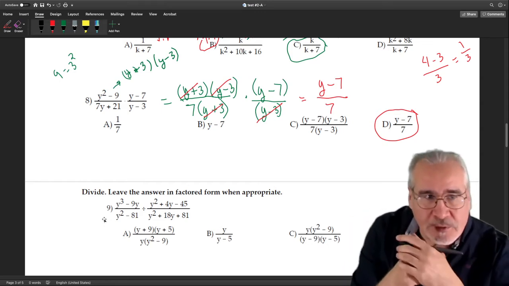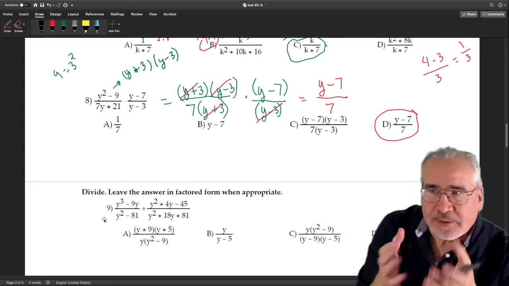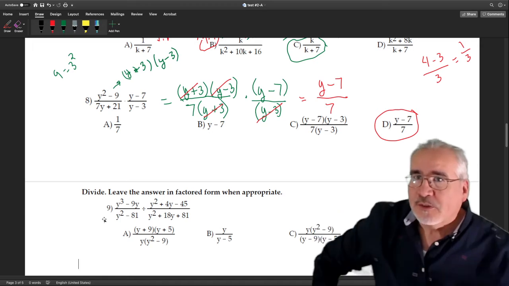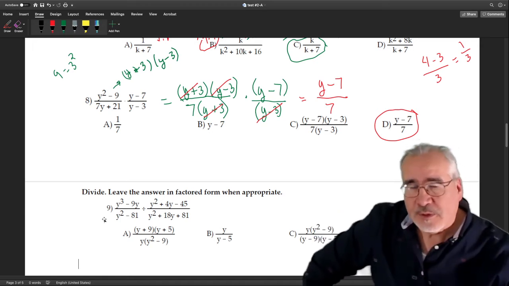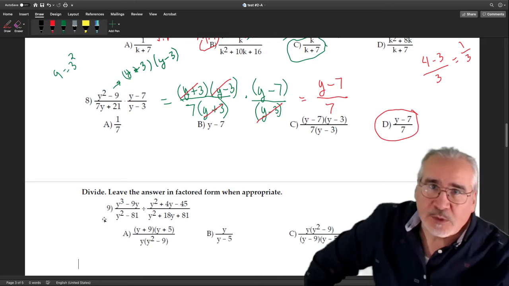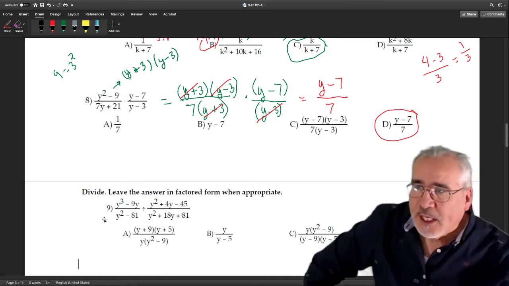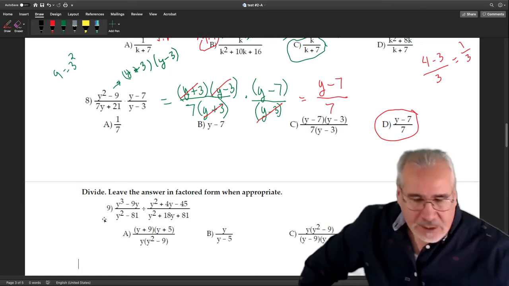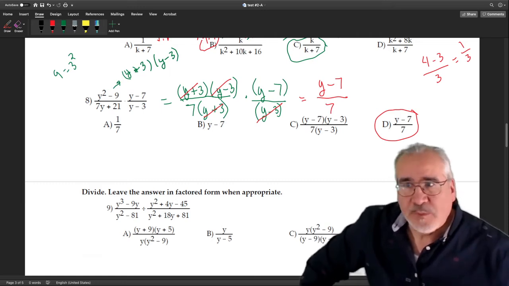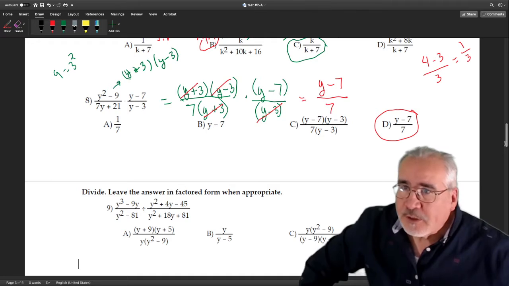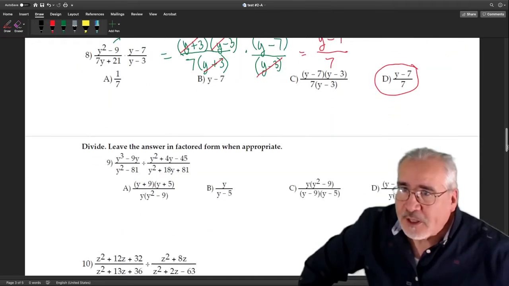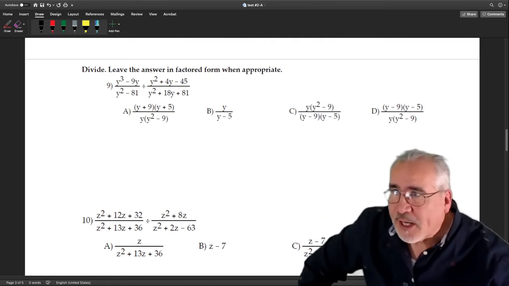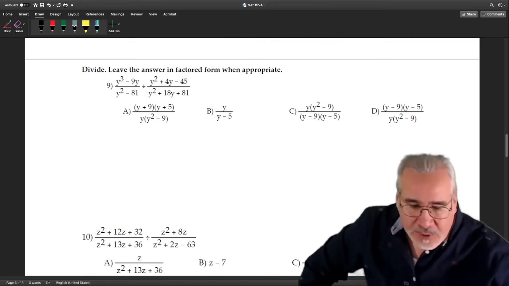Remember, division is the opposite of multiplication, and the opposite with a fraction is the reciprocal. So we're going to just take the reciprocal first, and then it's multiplication, just like we've been doing. But once we do that, it'll also help us take a look at the factoring. So again, heavy duty factoring, and then just matching the top and the bottom together to reduce, simplify like we were doing before, and we're all good to go.